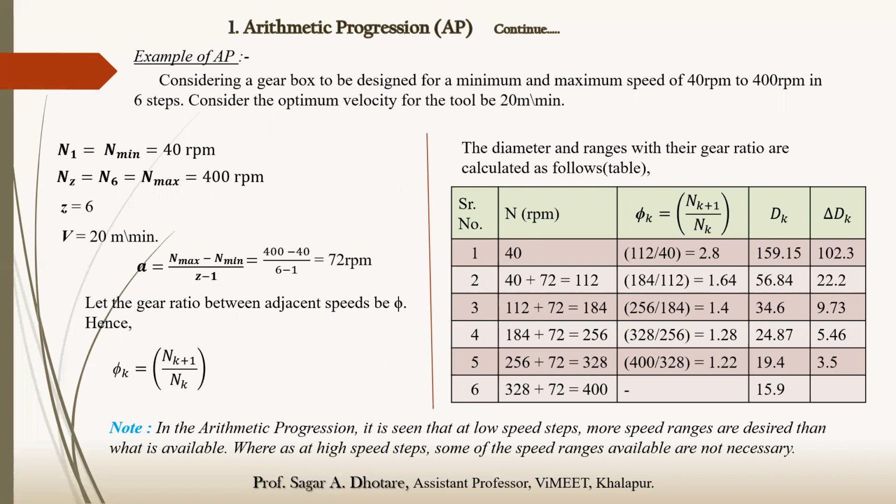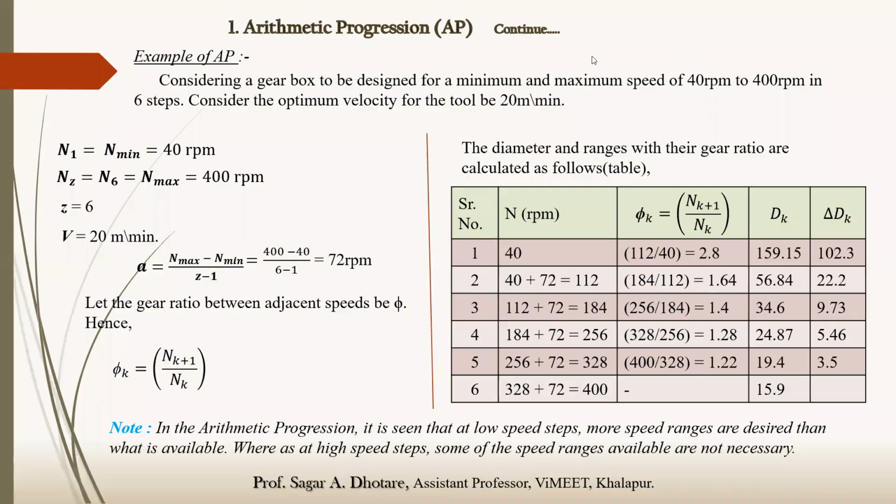Now consider a gearbox to be designed with a minimum and maximum speed of 40 rpm to 400 rpm in 6 steps. Consider the optimum velocity for the tool to be 20 meters per minute.